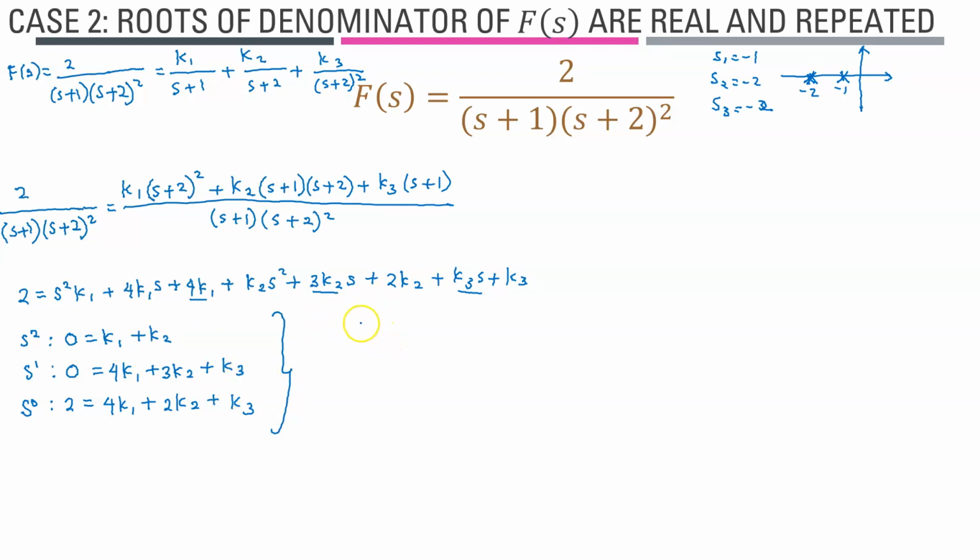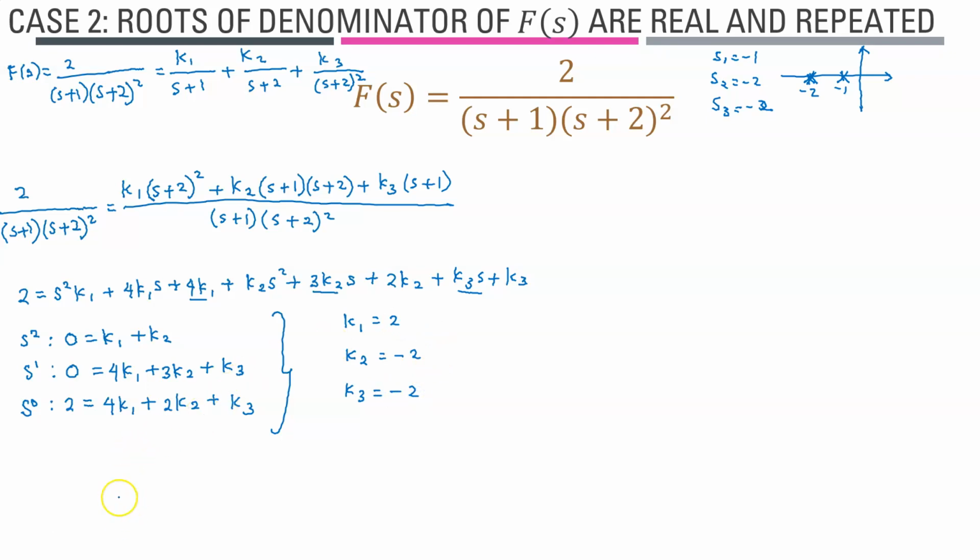You can do that with your calculator, I hope you know how to do that. So you will get k1 equals 2, k2 equals minus 2, and k3 equals minus 2.